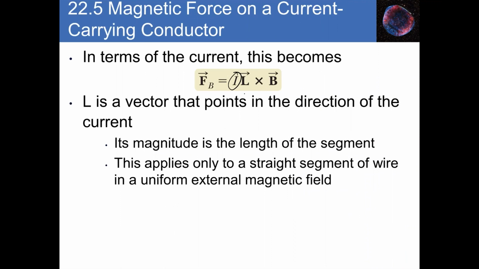So the length element stays, the magnetic field stays, and the cross product going from the velocity cross magnetic field becomes the length element of the wire cross magnetic field.